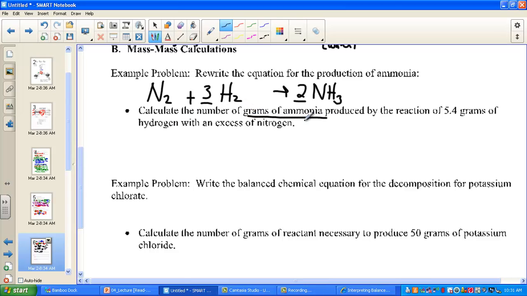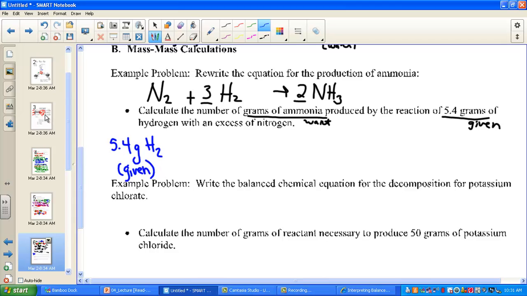Calculate the grams of ammonia. This is what we want to calculate. Given the grams of hydrogen, here's our given quantity. Now, as usual, start by writing the number, the unit, and the label of the given quantity.